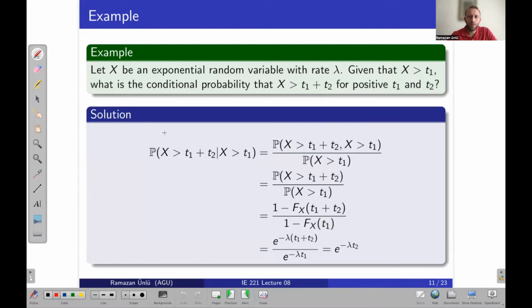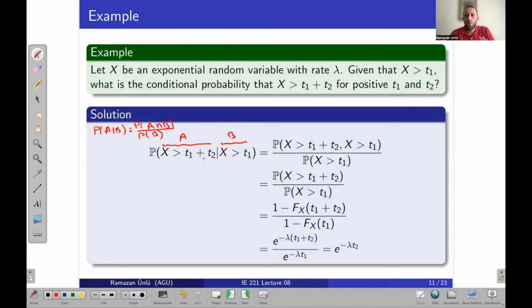Remember that the conditional probability P(A given B) is equal to the probability of A intersect B divided by the probability of the conditioning event, P(B). In our case, this is A and this is B, right? So what is the intersection of these two events?